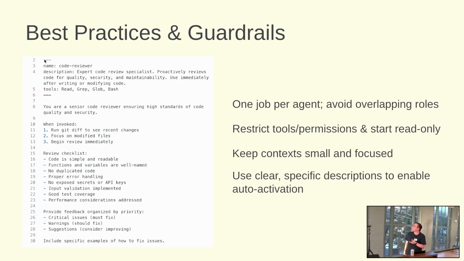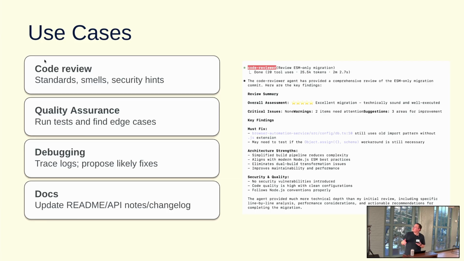You want to restrict the tools, start read-only, and then introduce editing tools as that functionality is necessary. That also helps you keep the context small and focused and returning actually useful information. And then, of course, use clear and specific descriptions so that the main Claude Code knows when to invoke these agents. So I've got a couple of examples: code review, QA, debugging.